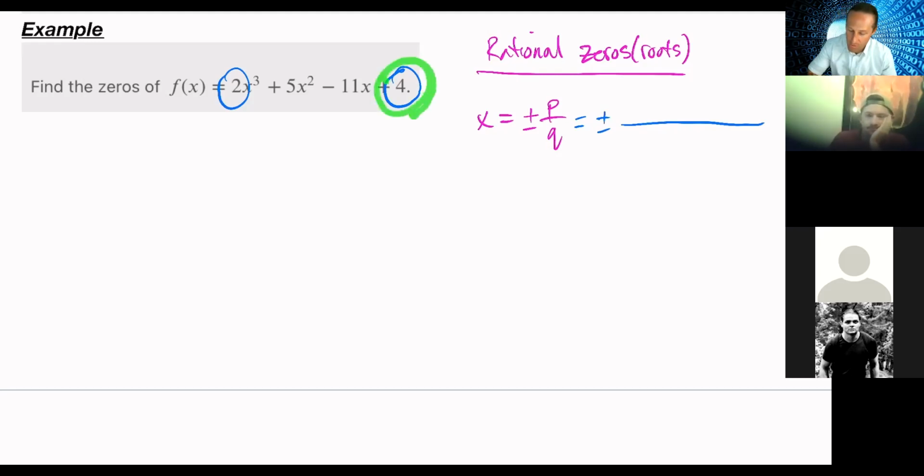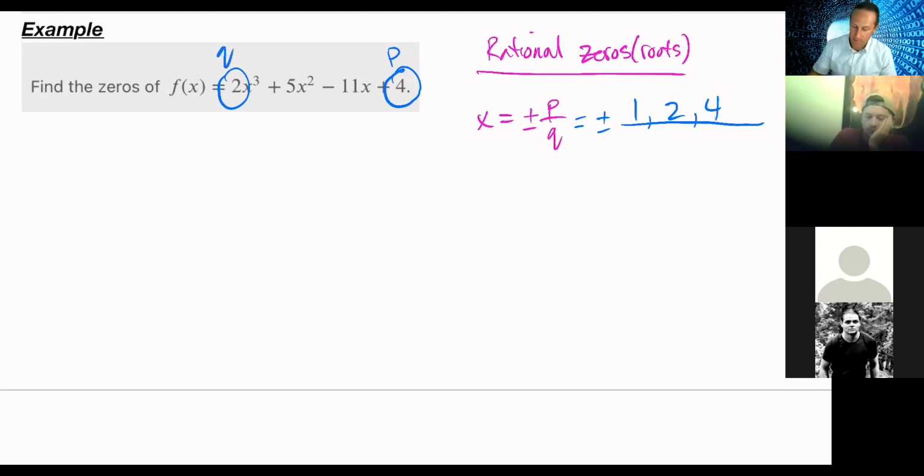Remember, it was all the factors of each of these. So the bigger and more even the number is, the worse it is. Okay, if it's odd or smaller, then less factors typically. So in this case, we're going to put 1, 2, and 4 up here. Those are all the possible factors of this P value we're calling 4.